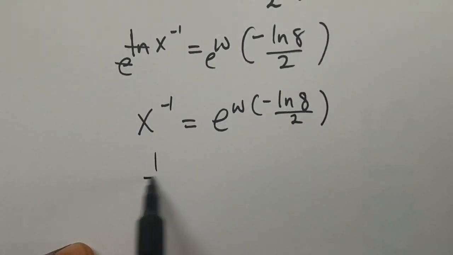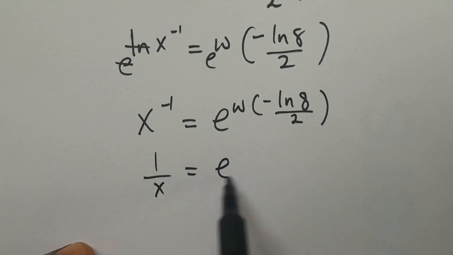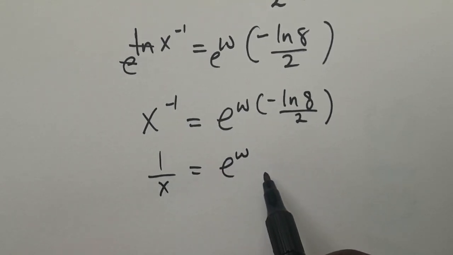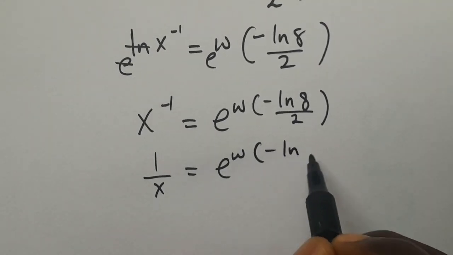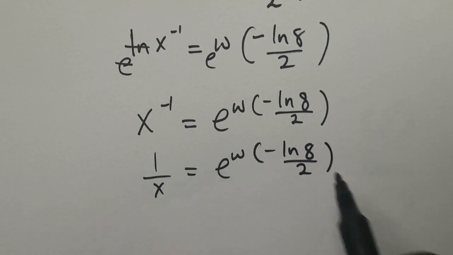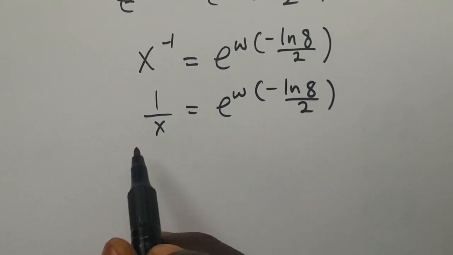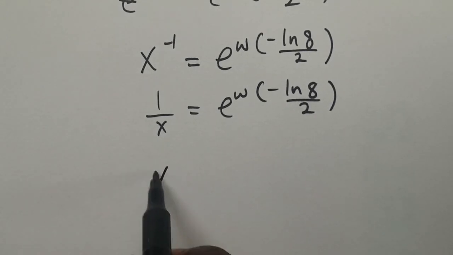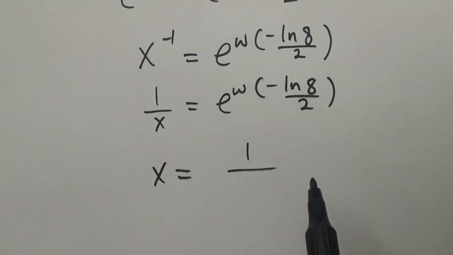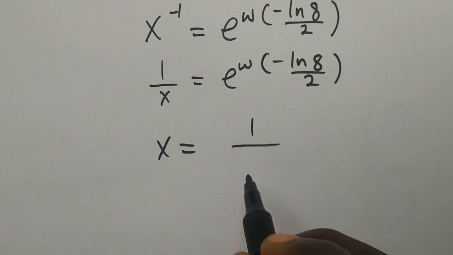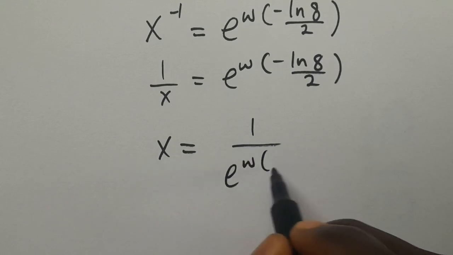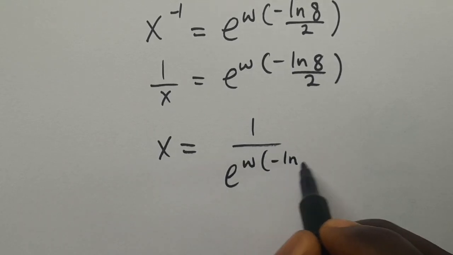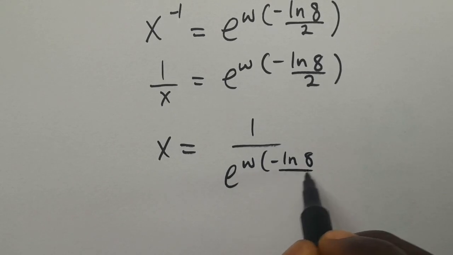So this equals 1 divided by x equals e to the power of Lambert W function of minus ln of 8 divided by 2. And so when you cross multiply from here, we have our x equals 1 divided by e to the power of Lambert W function of minus ln of 8 divided by 2.